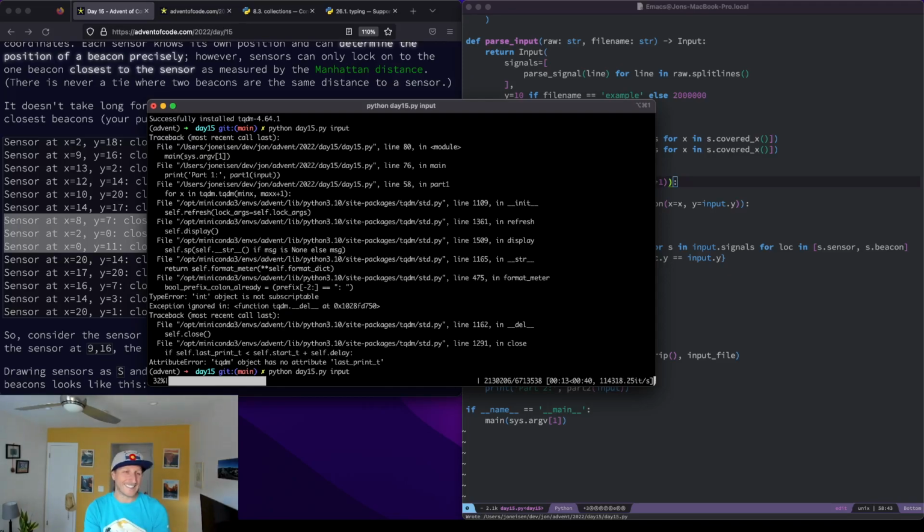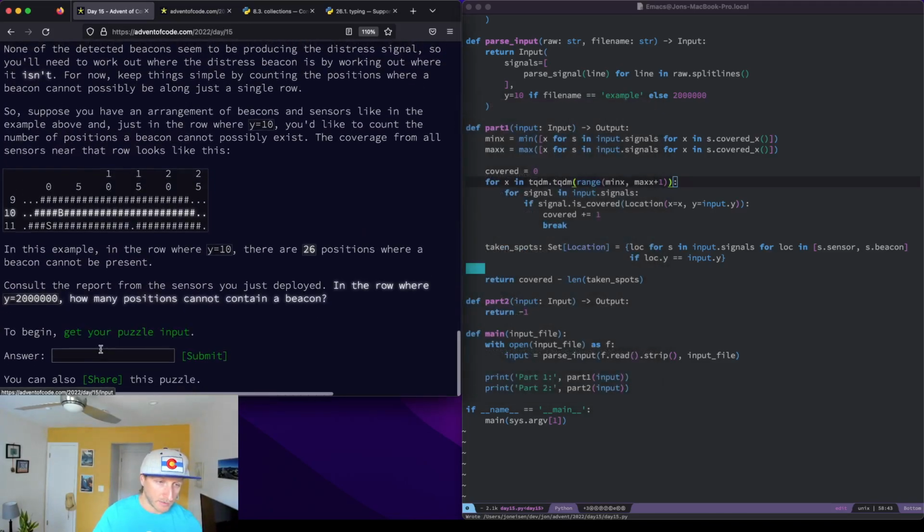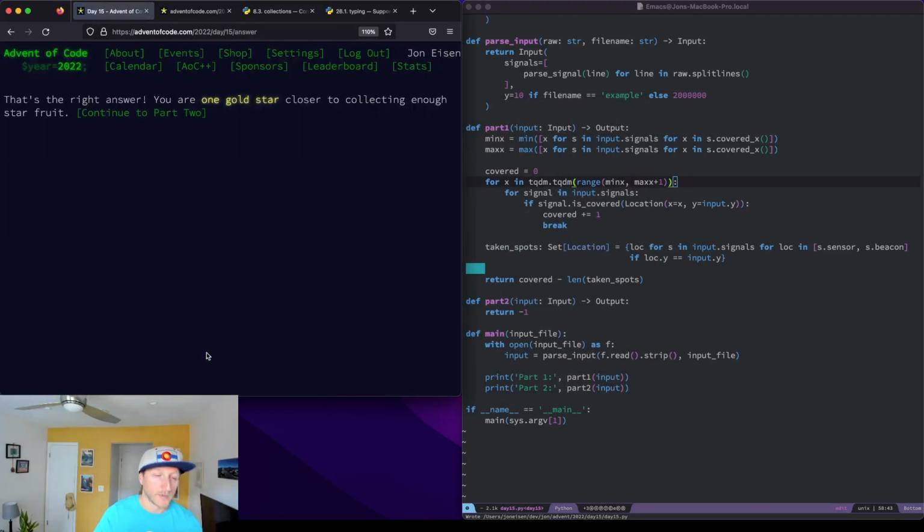It'll be done in a second. We can think while it's running if there's a better way to do it. I mean, the problem is that we have to go 7 million wide. So I bet this works, but it will not be good enough to go the whole problem. So it does work, but we're going to have to be smarter about part 2.